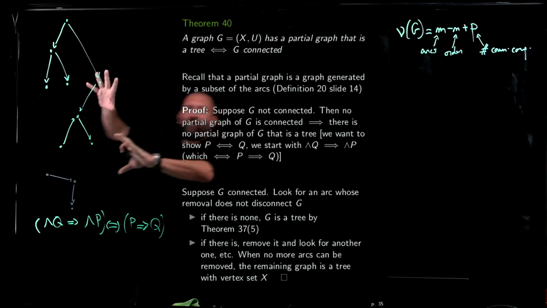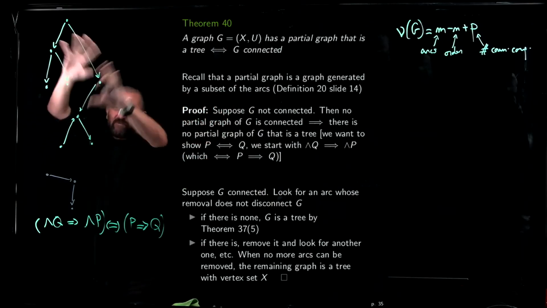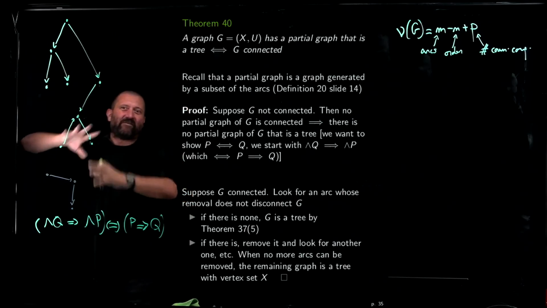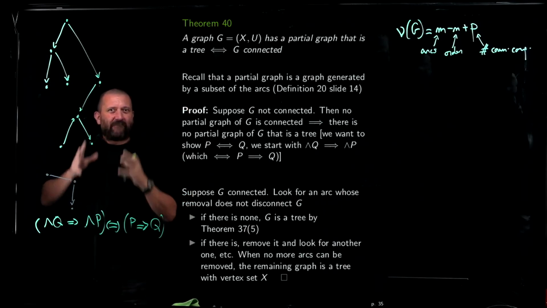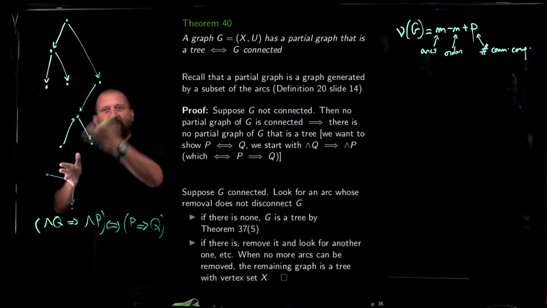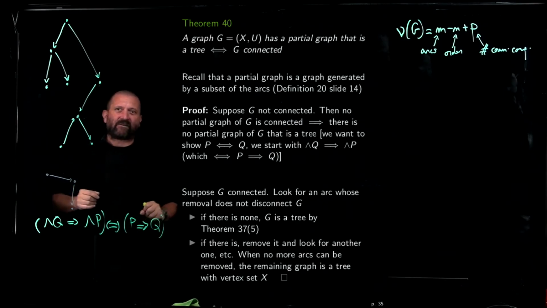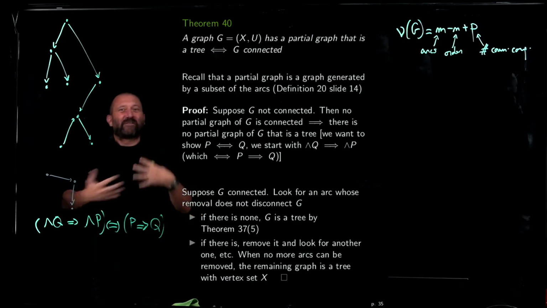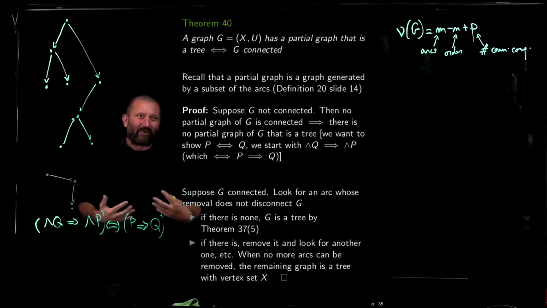If my graph is not connected, look at this graph, for example, it happens to be a tree, but never mind. If it's not connected and I remove arcs from it, it's definitely going to lose even more connectedness.